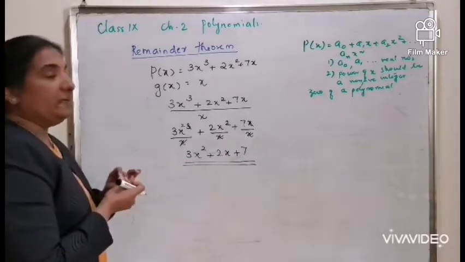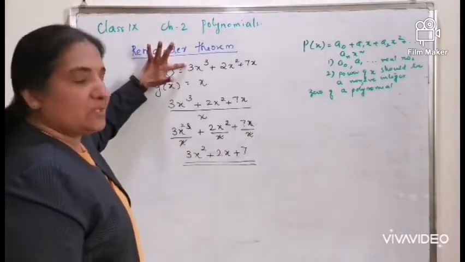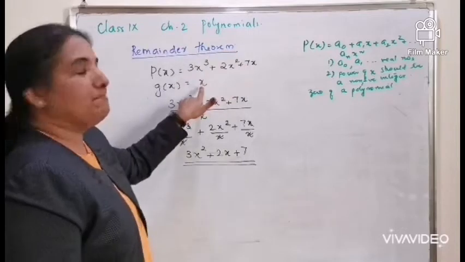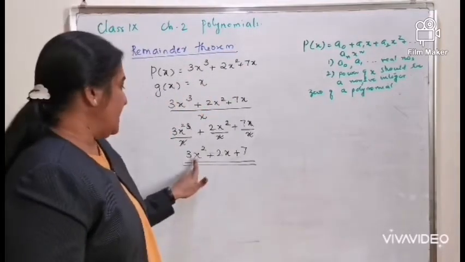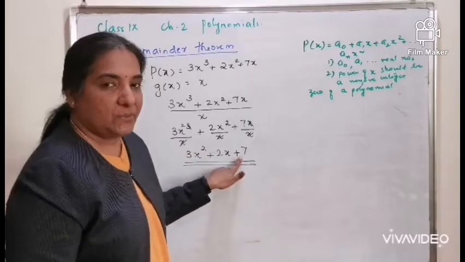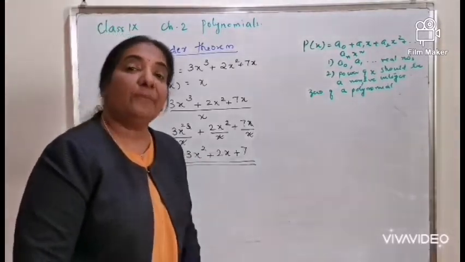That is, on dividing, the quotient is 3x square plus 2x plus 7 and there is no remainder.